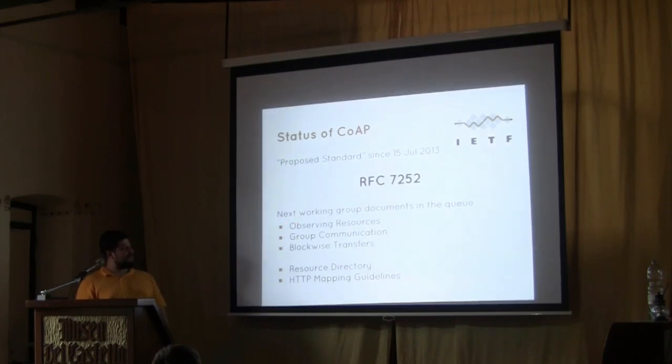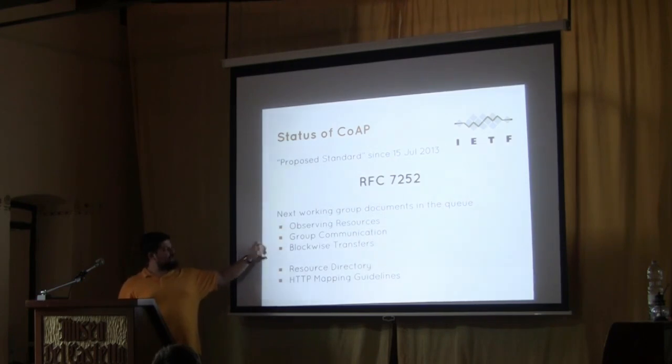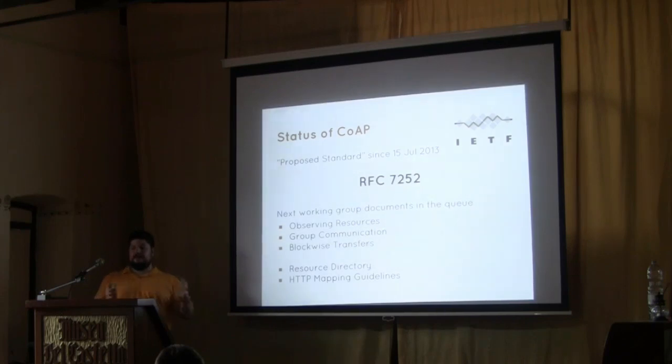There are some other things in the queue: observing resources, group communication, and blockwise transfers. They're in different documents, so you see it's very modular. You start with the base specification, and then you can add new functionality in a very modular way, which helps you keep the whole thing you need for your application small. So those things are next in the queue to also become RFCs.